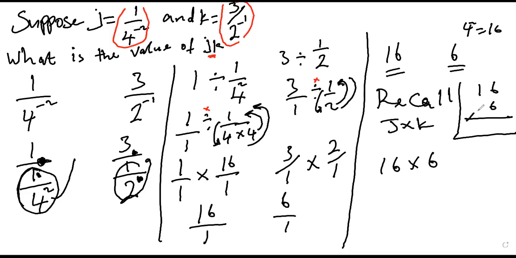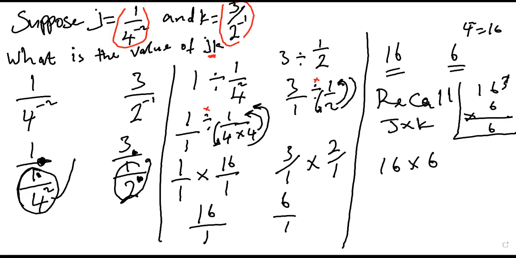So multiply this. 6 times 6 is going to be 36. Put a 6 and carry 3.